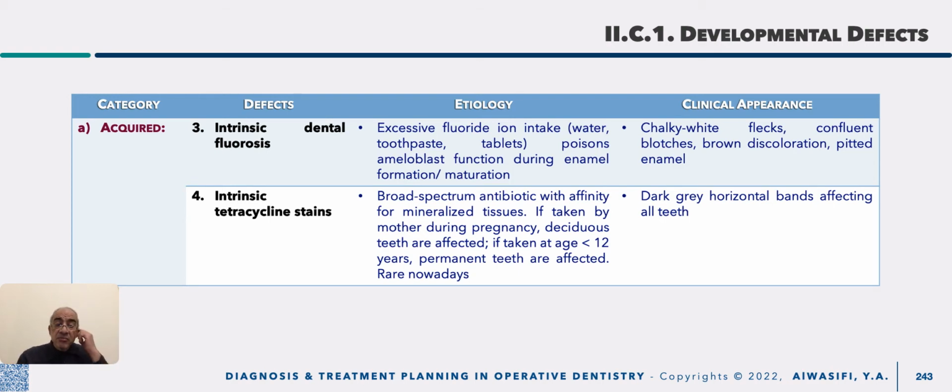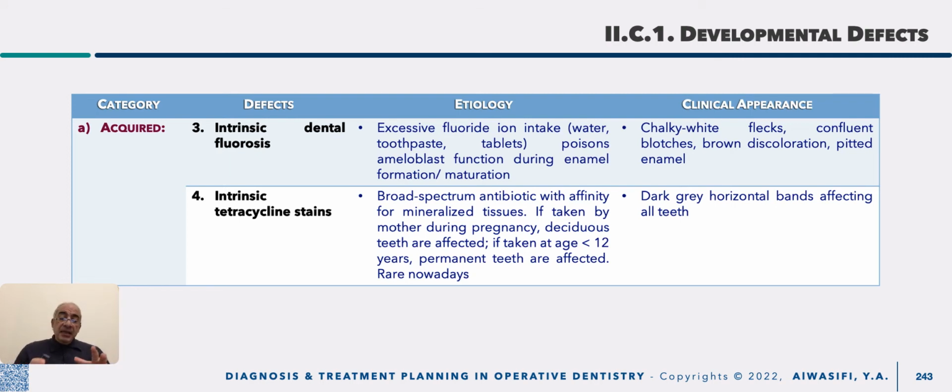At this time, enamel appears chalky white, with flecks, confluent blotches, brown discoloration, and a pitted enamel surface. All of these are related to extremely high hardness enamel, and this high hardness enamel is porous and full of cracks and porosities due to its increased hardness.